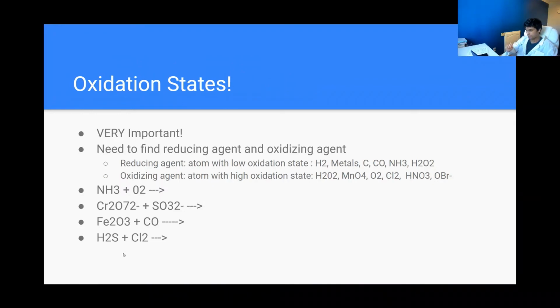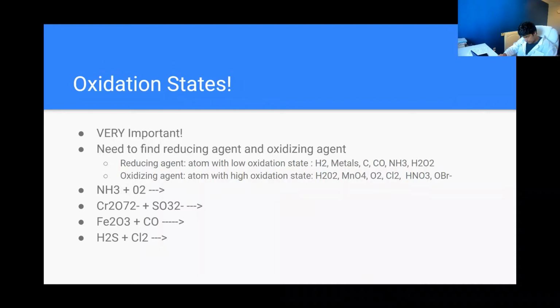Now we're moving on to oxidation states. These are very, very important. You must master these. The first step is you need to find the reducing agent and oxidizing agent. So what is a reducing agent? A reducing agent is a molecule that has an atom at a low oxidation state.